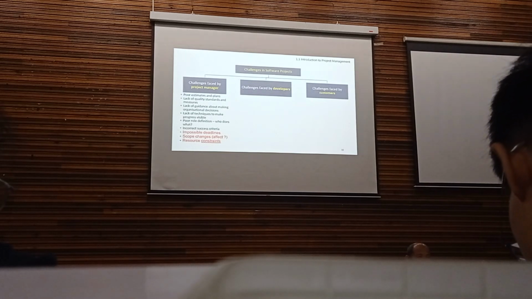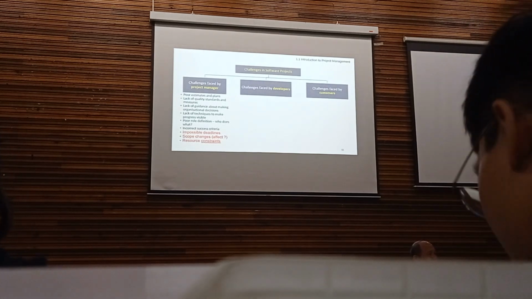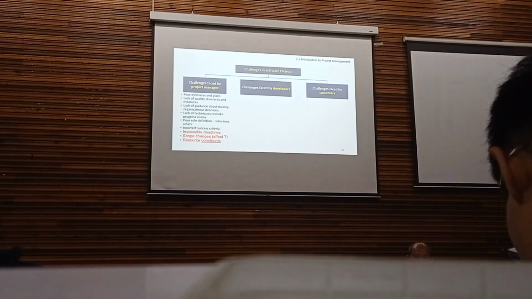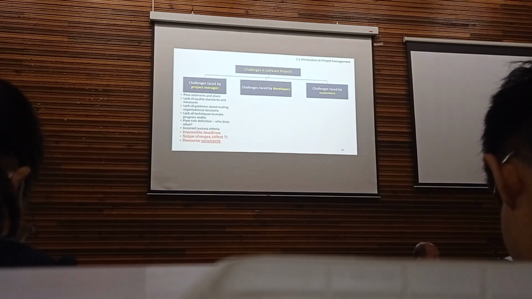No extra time, but adding a little bit more functions. That is challenging, right? Then resource constraints. A project manager may be allocated 3 developers. You want 5, but cannot get.